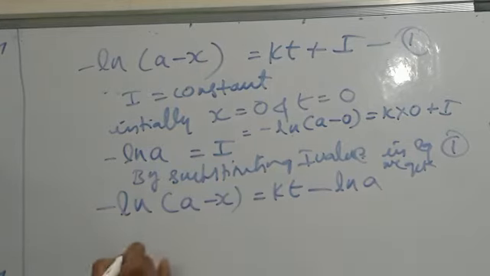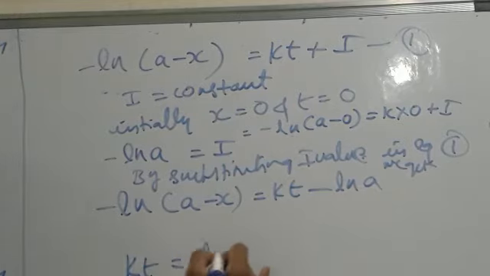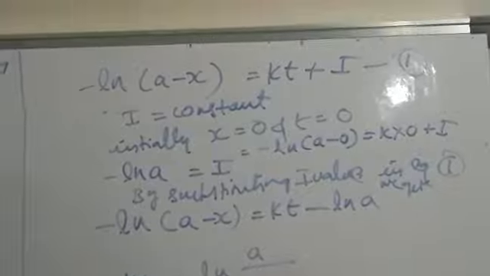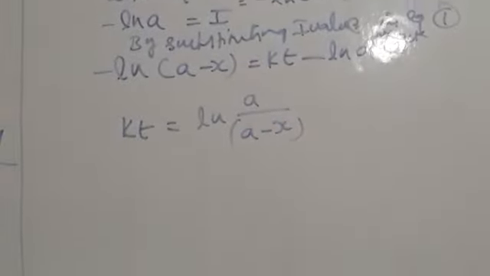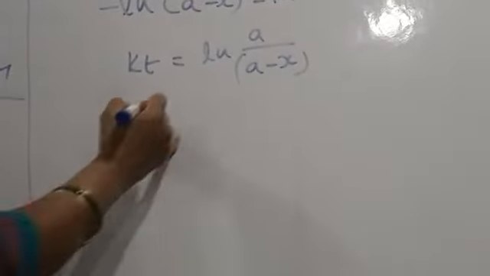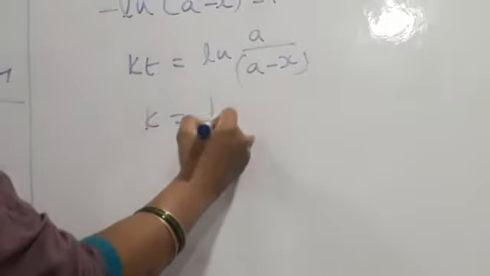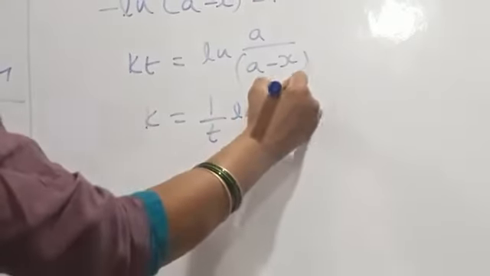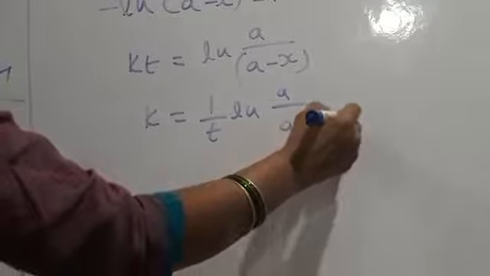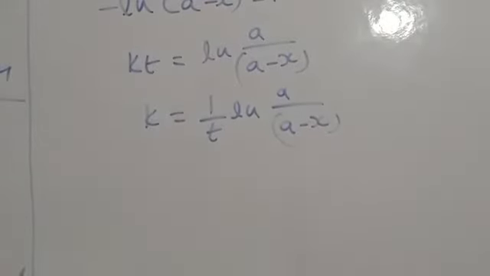Now, we can write this as kt is equal to ln a by a minus x. And from this, k is equal to 1 by t ln a by a minus x.